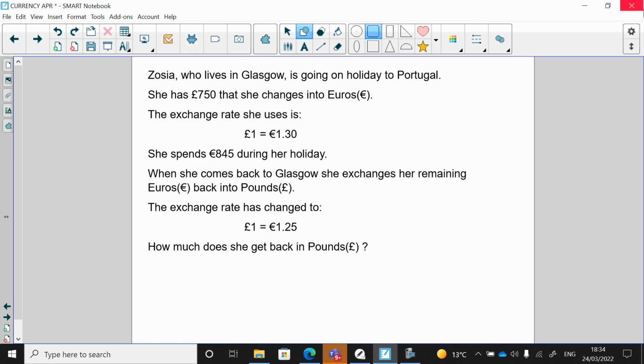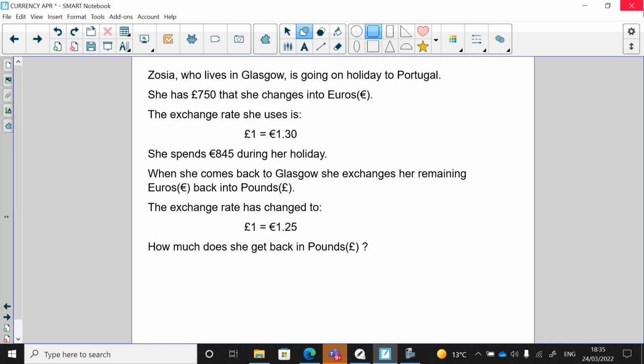Right, let's move on. Okay, we're getting a big story here. Stories get bigger and bigger. So we've got Zosha, who lives in Glasgow, and they're going on holiday to Portugal. They're probably telling you that they live in Glasgow because the currency in Glasgow, part of Scotland, part of the UK, is going to be pounds. That's usually the currency that Zosha is dealing with here.